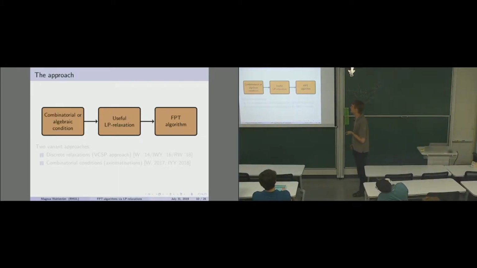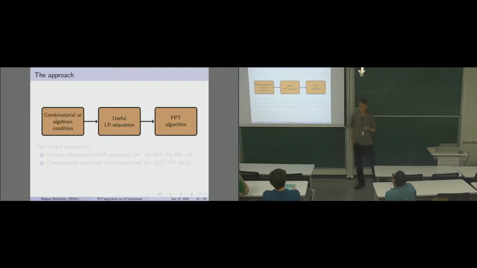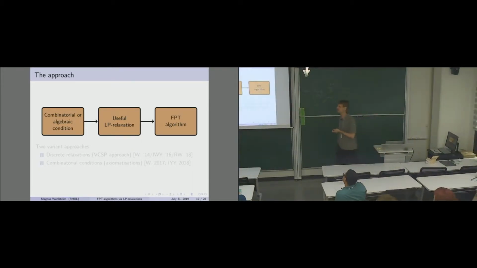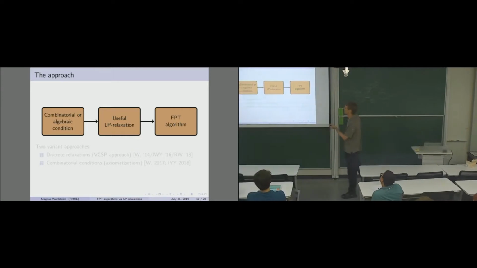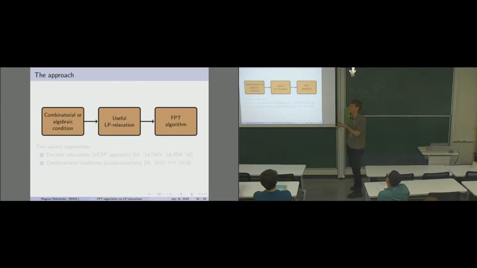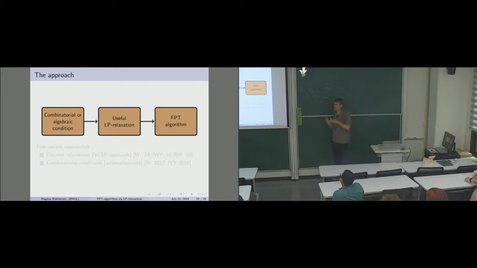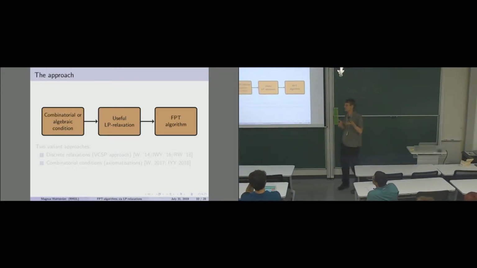So the two different variants of the approach I'll sketch in the talk say, well, you don't start with the LP, you start with some condition on your problem. I'll give two different ones, either a combinatorial or algebraic or some other condition that tells you that the problem has some good property.